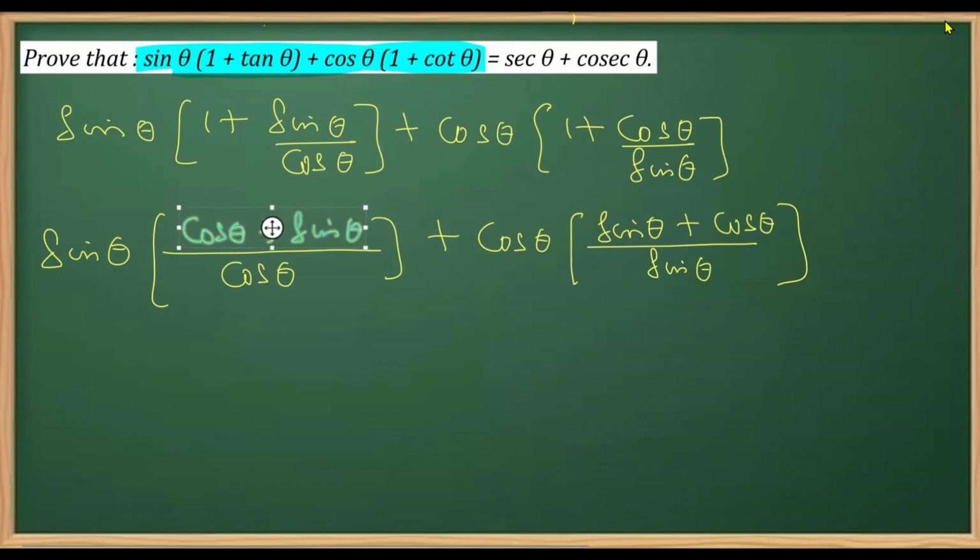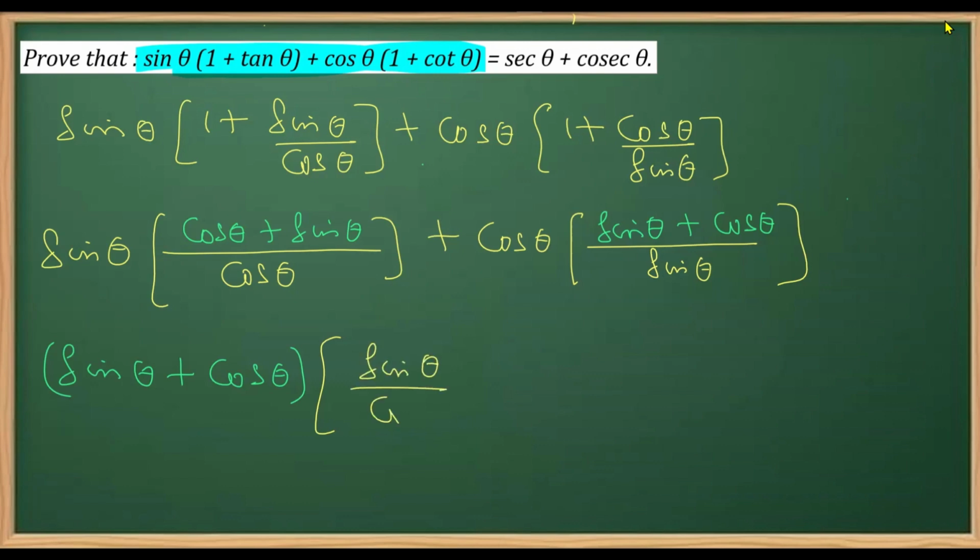This is a very important thing to understand: whenever you are solving any trigonometric ratios or identities, you have to keep in mind that simplification is what we look for. And whenever anything comes common within the numerator or denominator, you should take it out. Sine plus cos is cos plus sine, as you know, addition is commutative. So if I take out sine plus cos common, we are left with sine theta over cos theta, and the next term is cos theta over sine theta. That's what we will get after simplifying this.